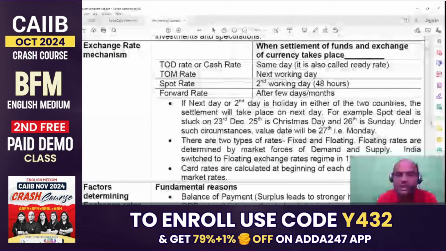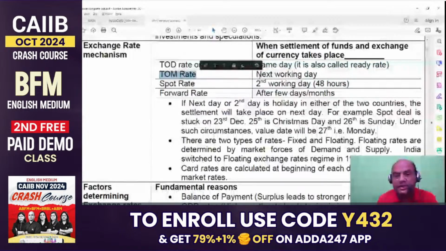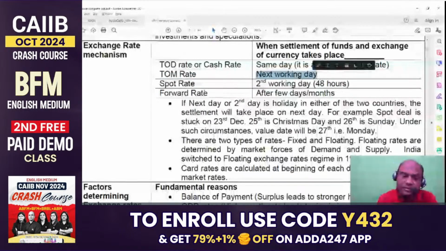What is TOD or cash rate? See this, cash rate, TOD or cash rate, we call it, whenever the settlement is done on the same day. Tom means whenever the settlement is done on the next working day. Spot means whenever the settlement is done on the second working day. Now, what do you mean by second?